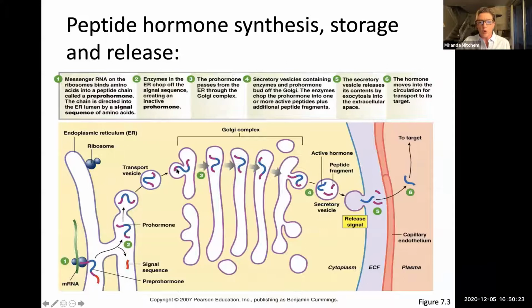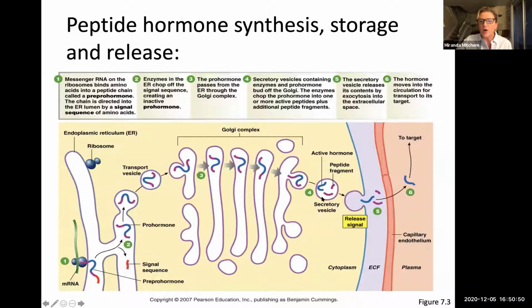The prohormone travels through the Golgi apparatus, and then it buds off of the shipping side of the Golgi apparatus in a transport secretory vesicle. So it still is the prohormone while it's in the Golgi apparatus.